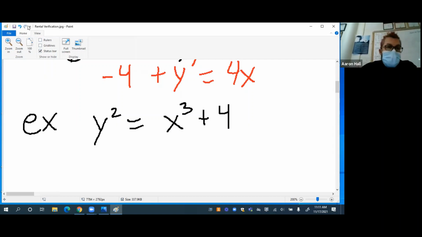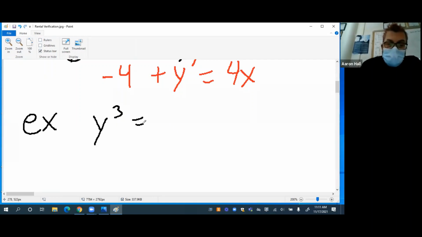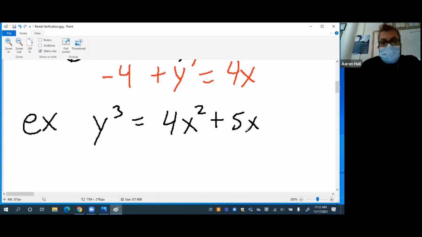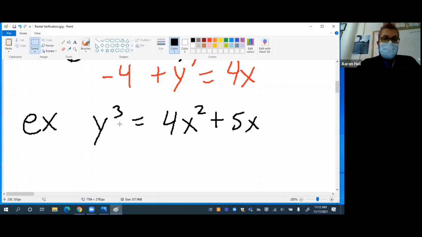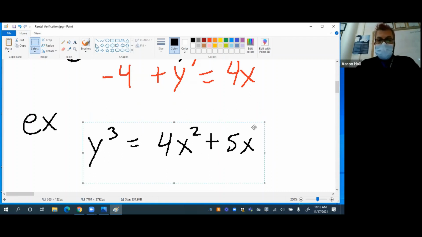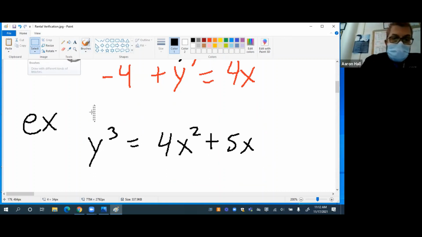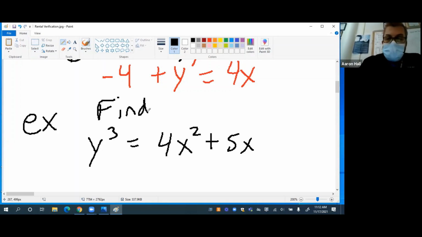Actually, I want to rewrite this. I'm going to make this to the power of 3. Y to the power of 3 equals 4x squared plus 5x. And the directions are find, I want to differentiate or I want to find the derivative, so find y prime.